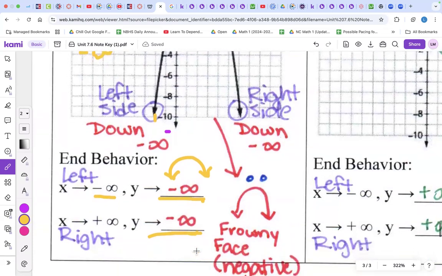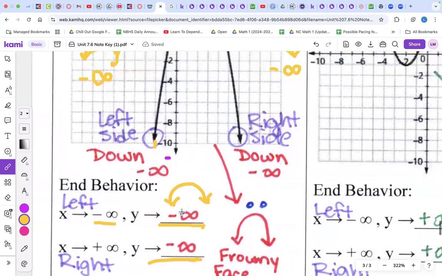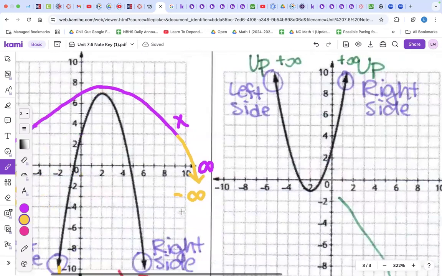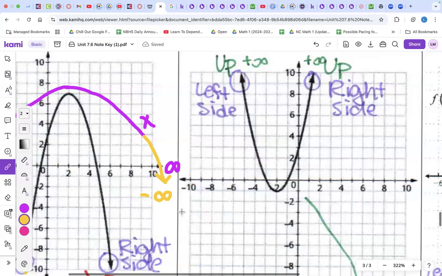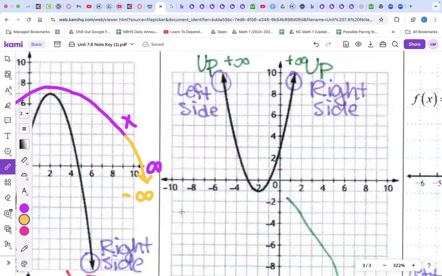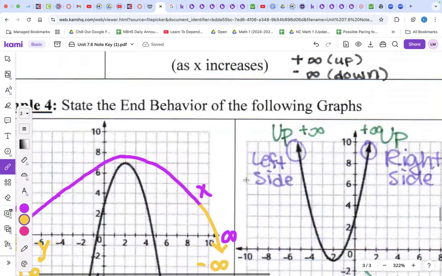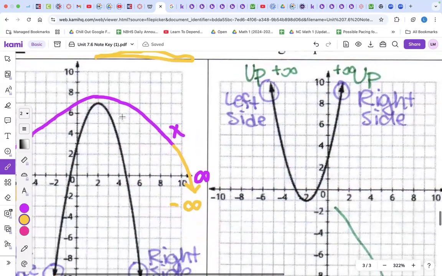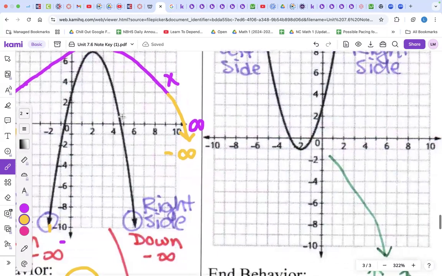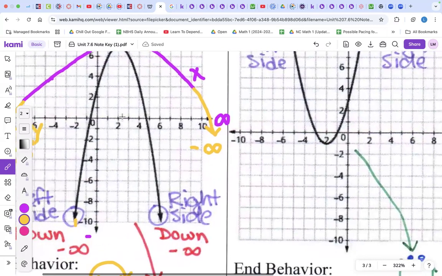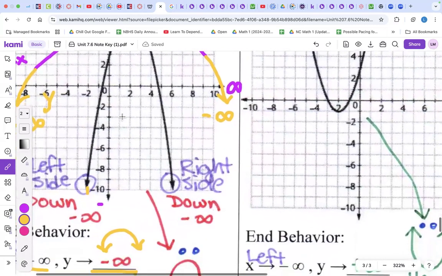Or, if by chance it's going up, well, things change. We get a little bit excited. On this one we're again looking for end behavior. Here it says as x approaches negative infinity, on our left side over here.